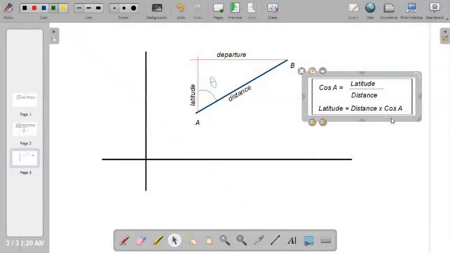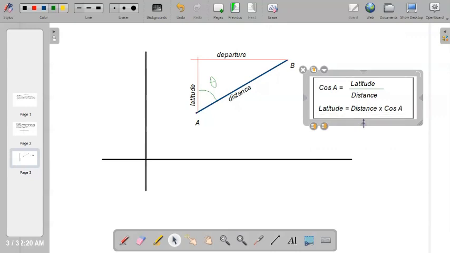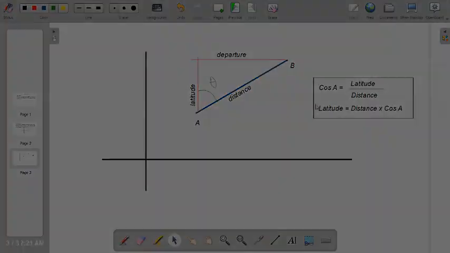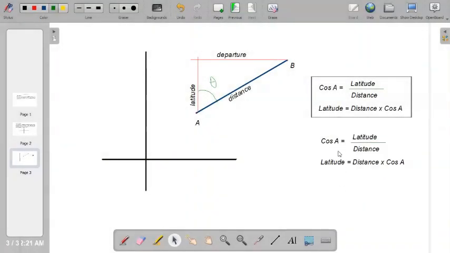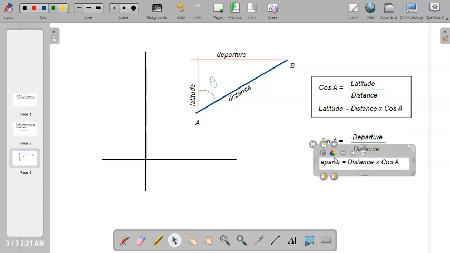Next we have the departure. For your departure, it is the sine. Instead of cosine, it's the sine of A. So departure equals the distance times the sine of A.